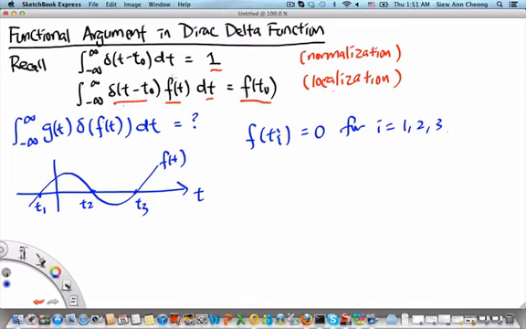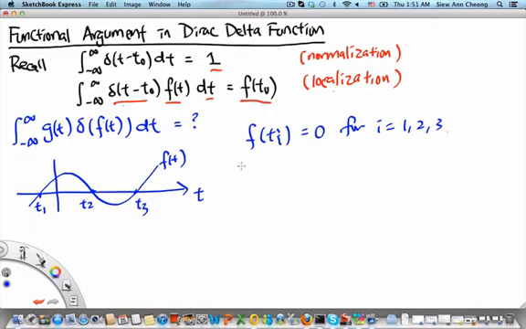And in these two conditions, normalization and localization, we realize that the localization property requires us to evaluate f of t at the value t for which the argument of the Dirac delta function vanishes. So in this case, if we think that the same kind of thing is going to happen, g of t is going to be localized at those points along t for which f of t is equal to 0, then that will agree with the localization property that we require the Dirac delta function to have.